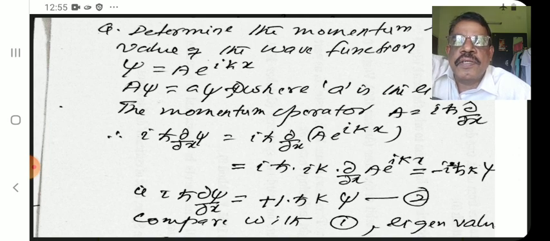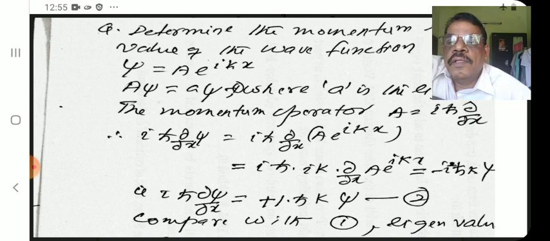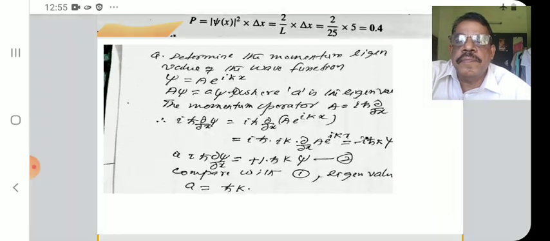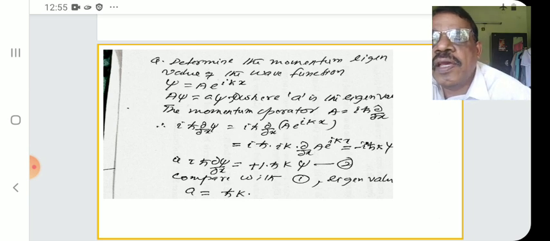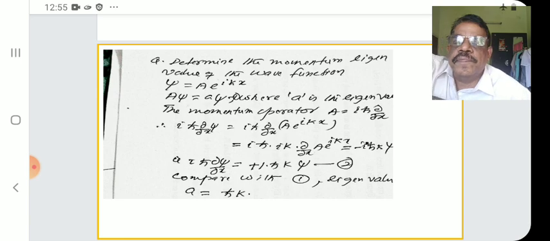The result is minus I square h cut k psi. So the eigenvalue equation becomes I h cut dou psi by dou x is equal to, minus I square is plus 1, h cut k psi. Compare with equation number 1, A psi is a psi. Comparing, we get a is h cut k.